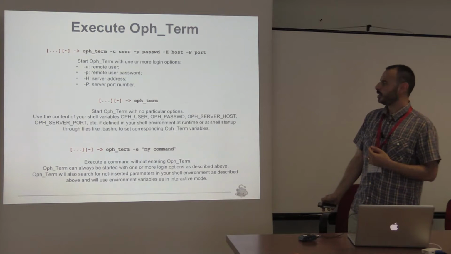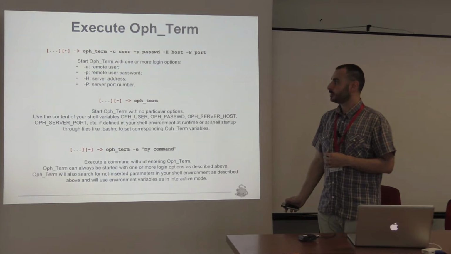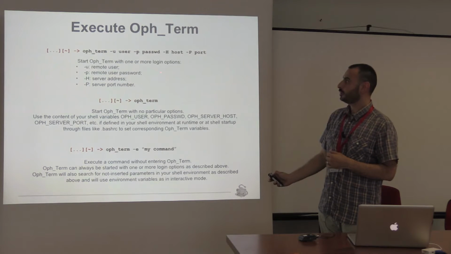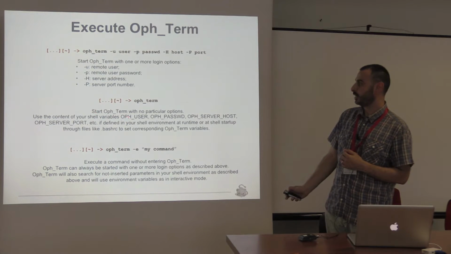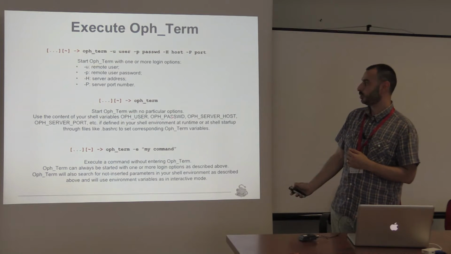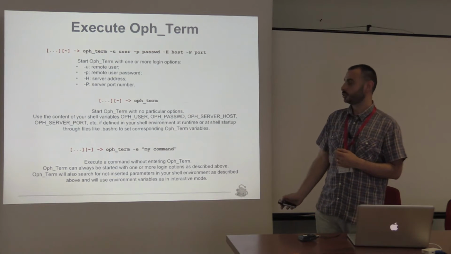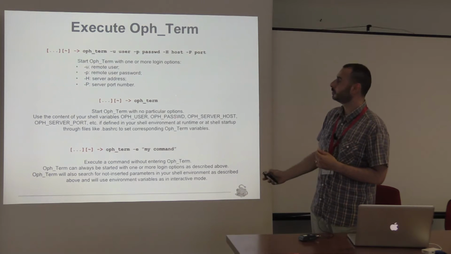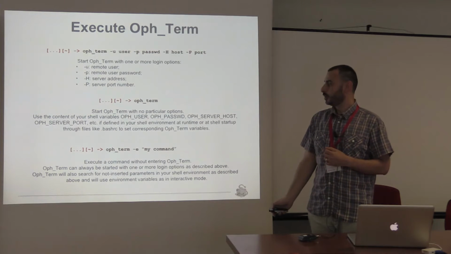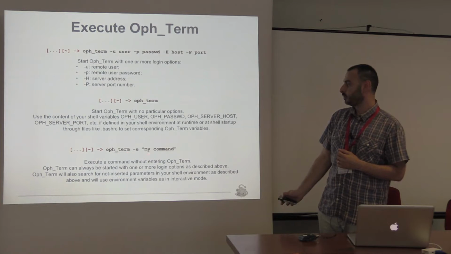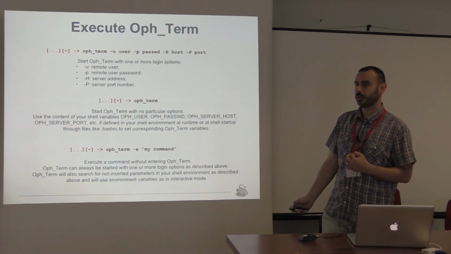You can also launch a phterm command directly without specifying any of these parameters, because you can rely on shell variables like ph user or ph password. You can define these variables inside your shell environment in order to avoid typing all these parameters. You can also execute a command without entering the phterm environment with the -e parameter.